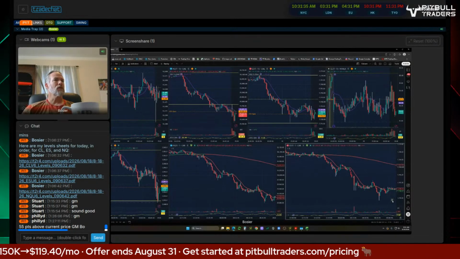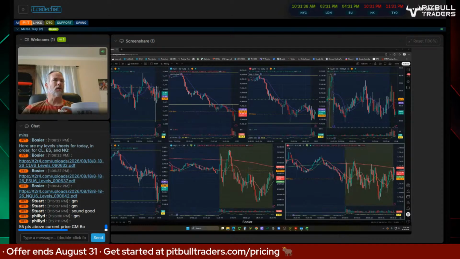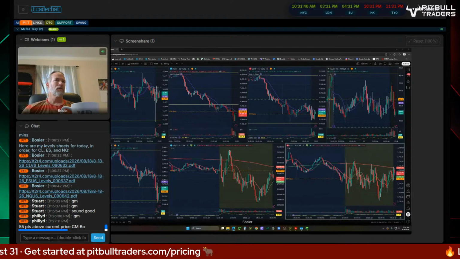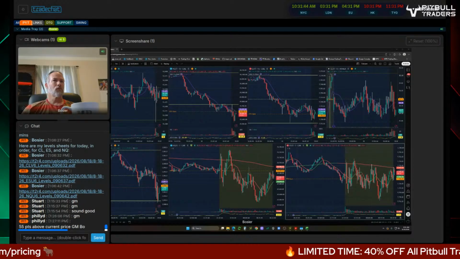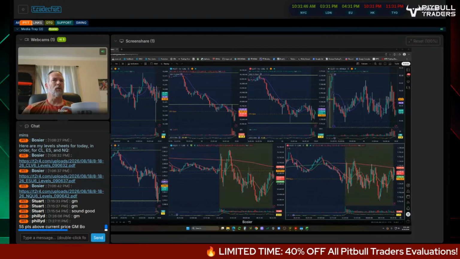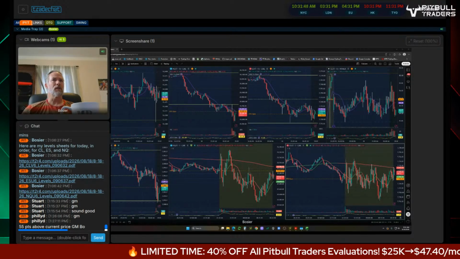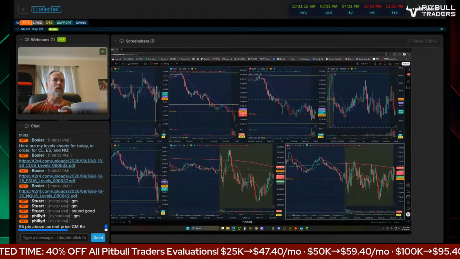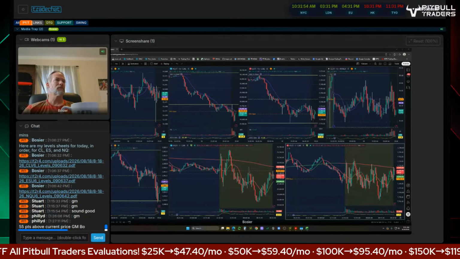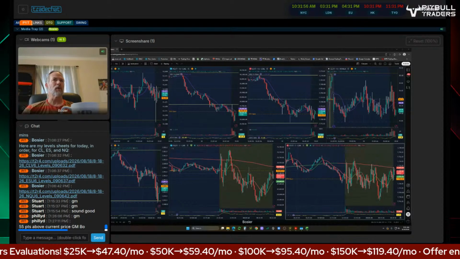Let's take a look at our level sheets again. So the 23.5 level was S2 on the ES. We've got S1 up at 44.5, so that could be an easy one to test.